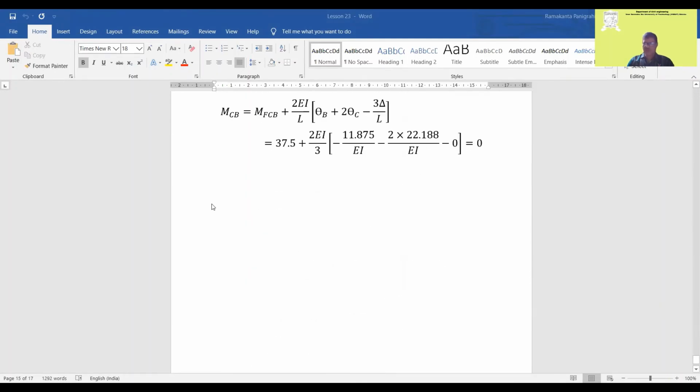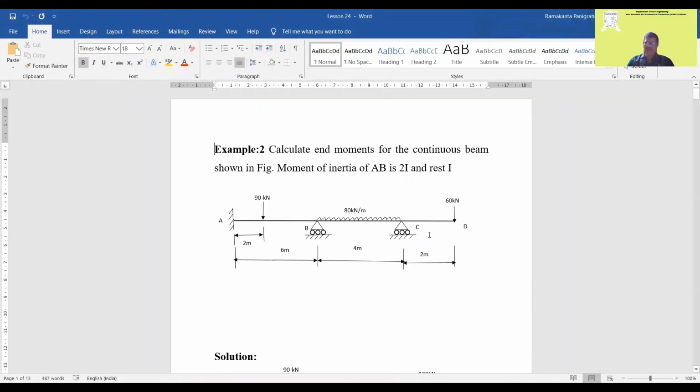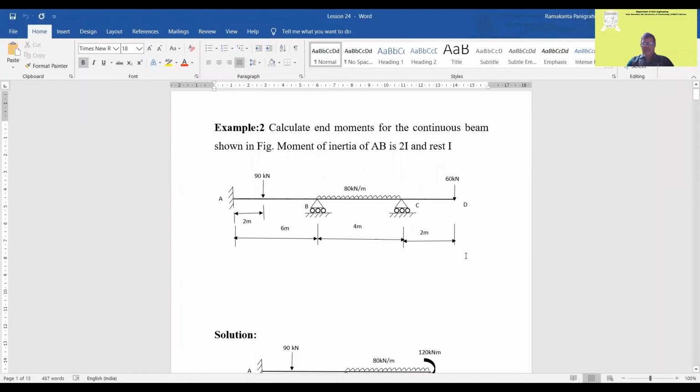So this problem is complete. Let us see another problem from here. This is an overhanging problem, and the interesting part is that the moment of inertia is different.